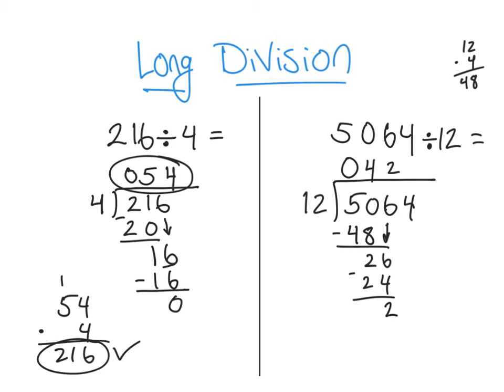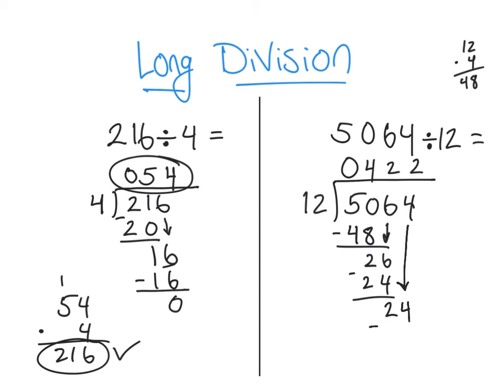So if you've noticed, I'm not yet done with this problem because I have a number still to bring down, and I don't have a 0 yet. Okay, so the biggest thing that keeps us going is the fact that I still have a number in the dividend. So I'm going to bring that 4 down, and now I have to figure out how many times 12 goes into 24. 12 goes into 24 twice.